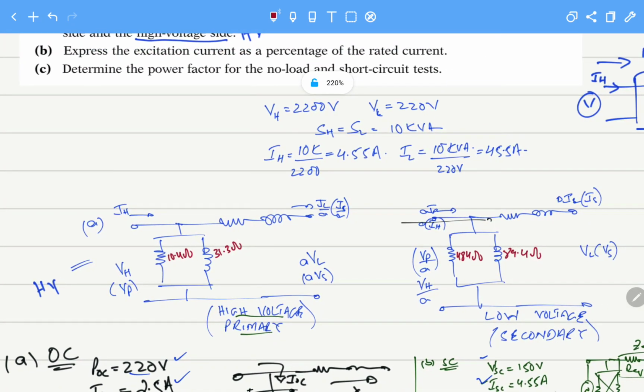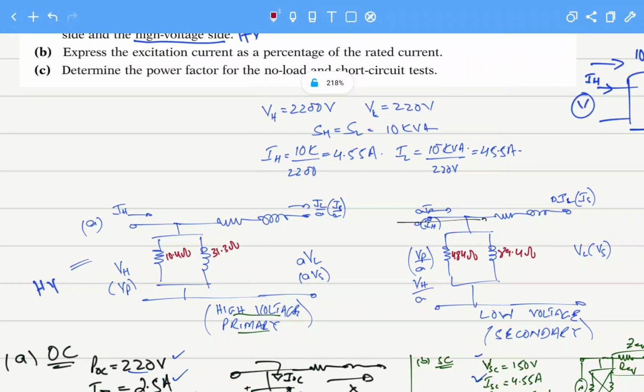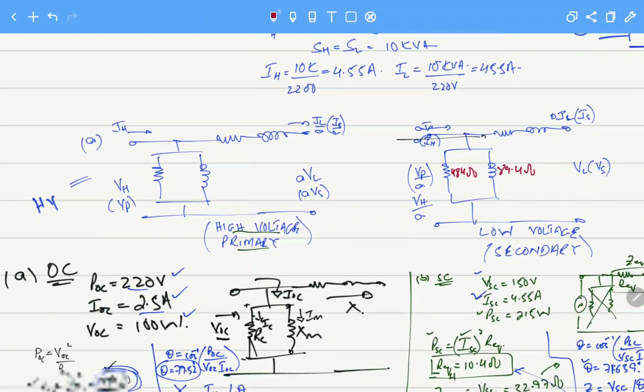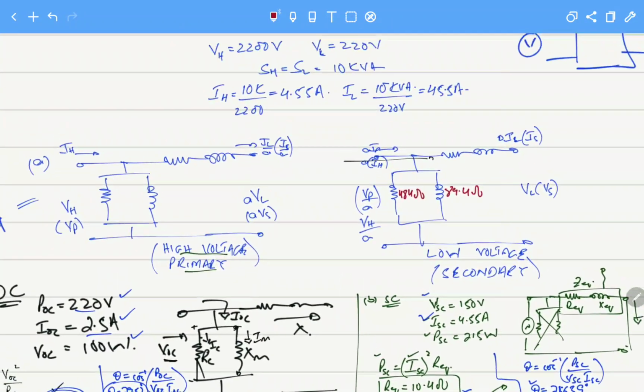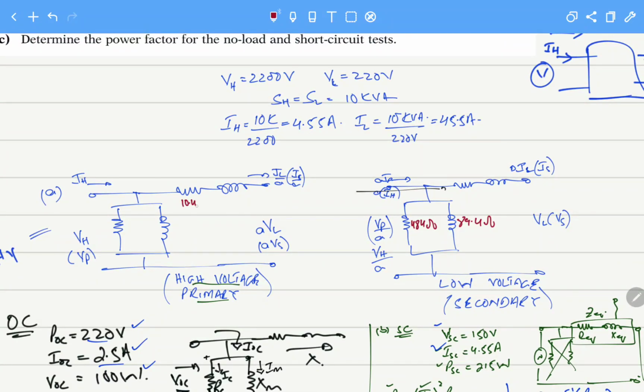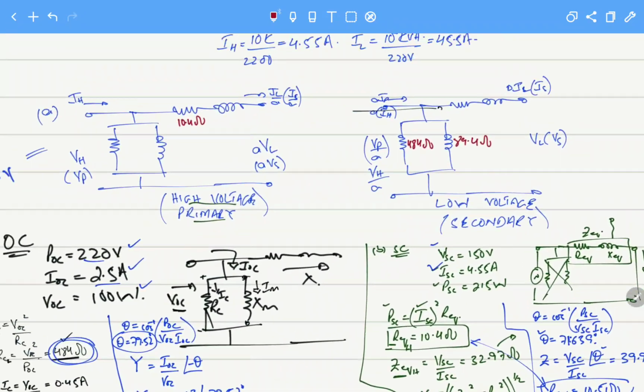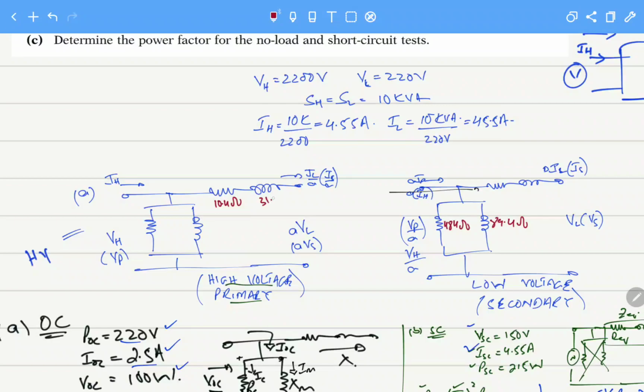Now, as you might remember, sorry, I have written incorrectly. The short circuit parameters were 10.4 ohms and 31.3 ohms here.